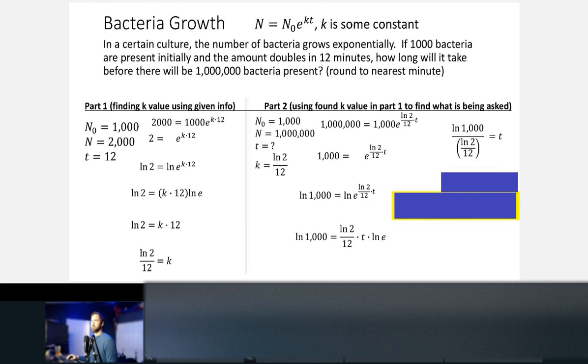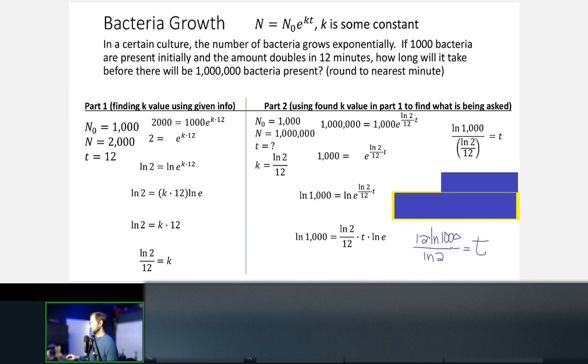If you multiplied by the reciprocal, you would have had 12 over natural log 2, and this is times your natural log 1,000. So 12 times natural log 1,000 equals t.